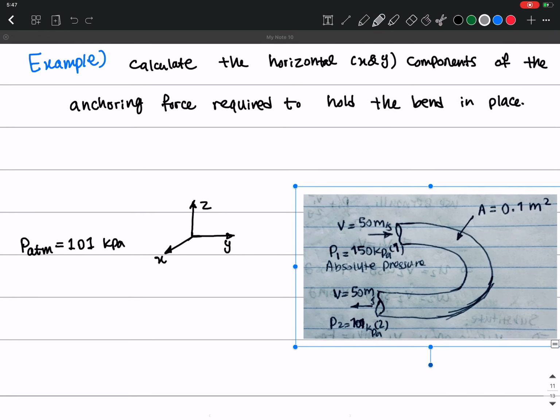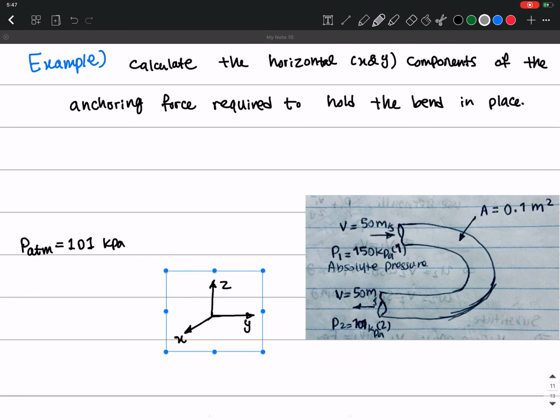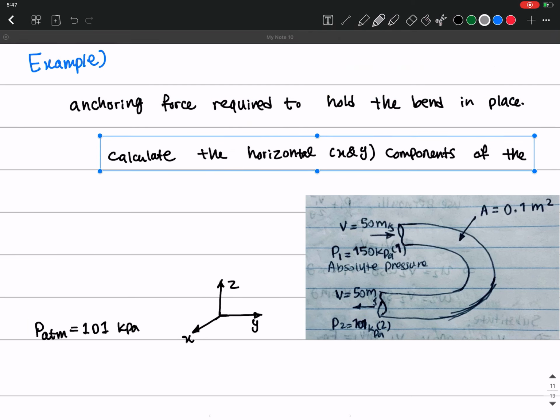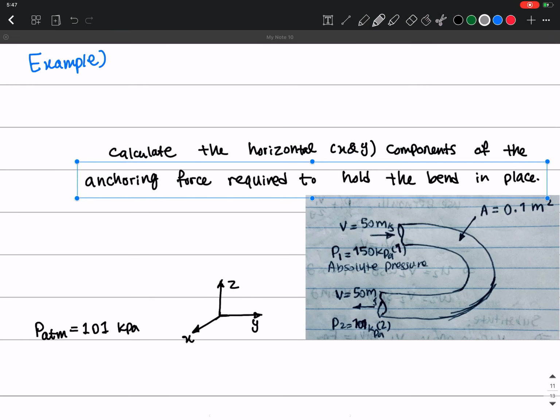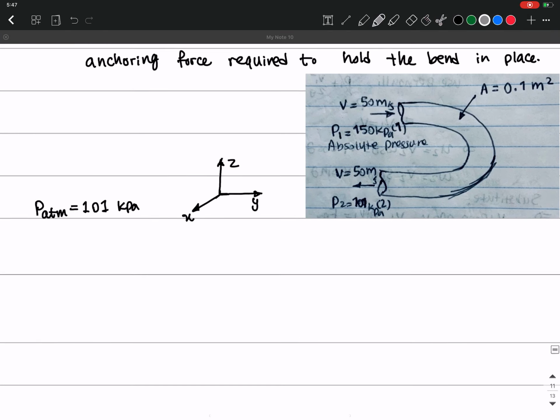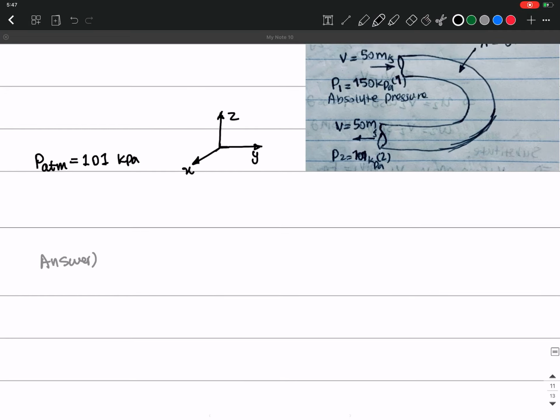So let me bring this down a little bit. So the first thing I want to do is to draw the free body diagram of this bend. Okay, so this is the first thing I will do.